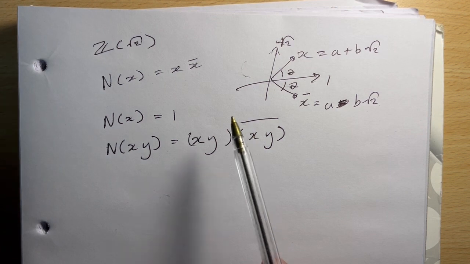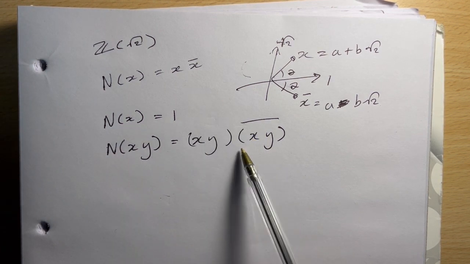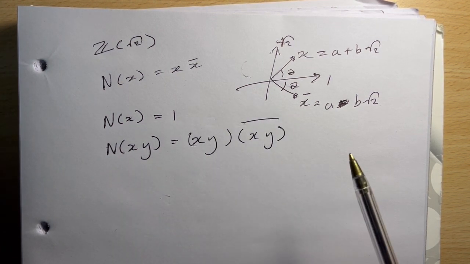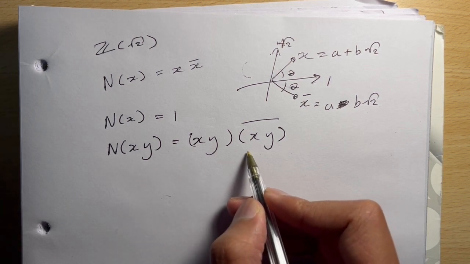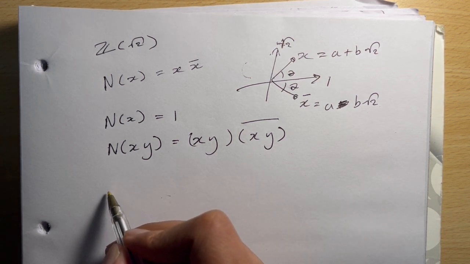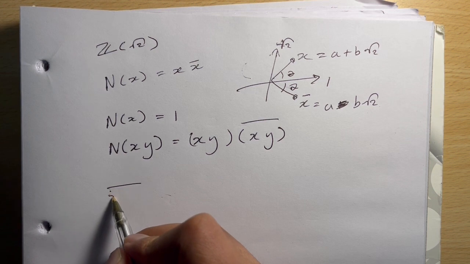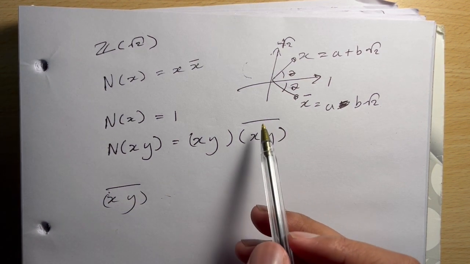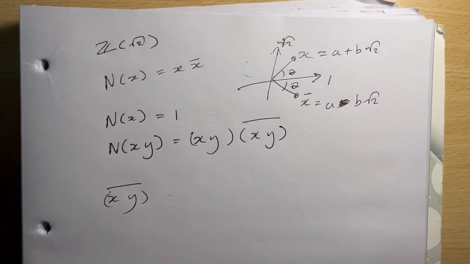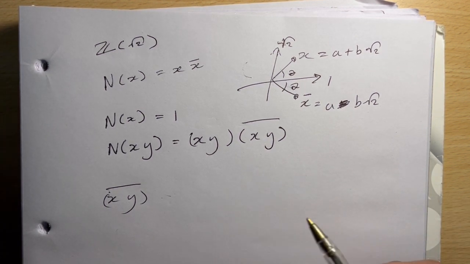Okay, so at this point you might be wondering, okay, this xy bar, can we simplify it in any way? And the answer is yes, we can. And so first of all, let's actually write it out. So xy bar, right, is the complement of xy.